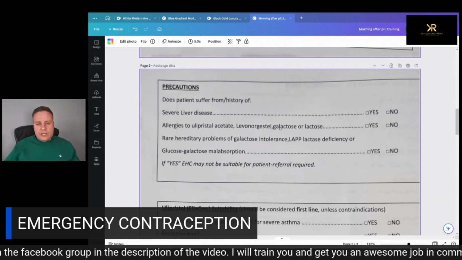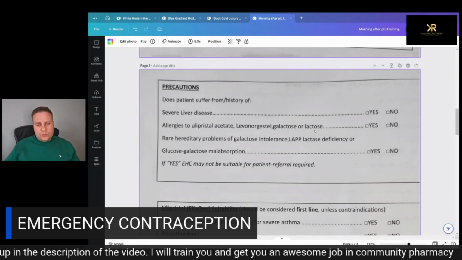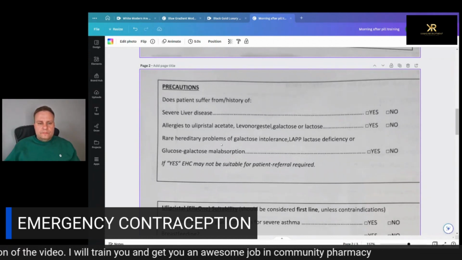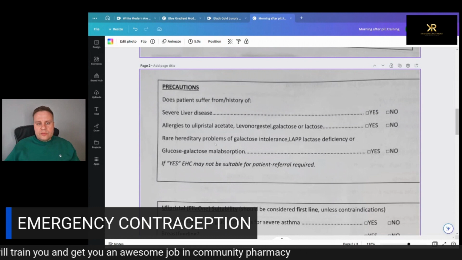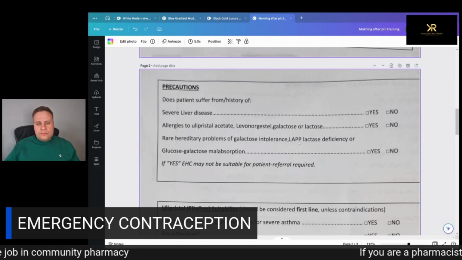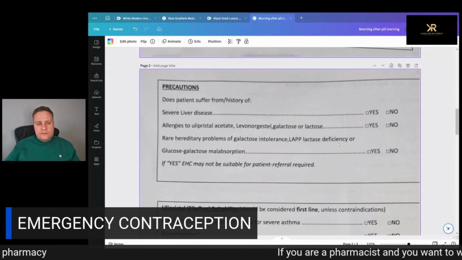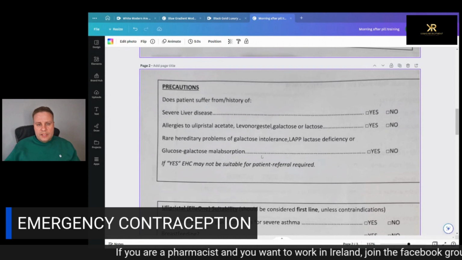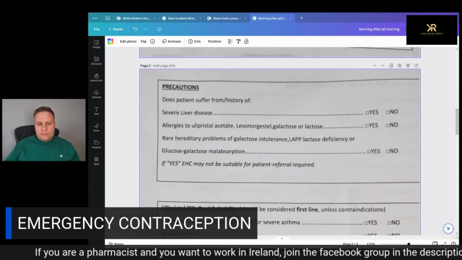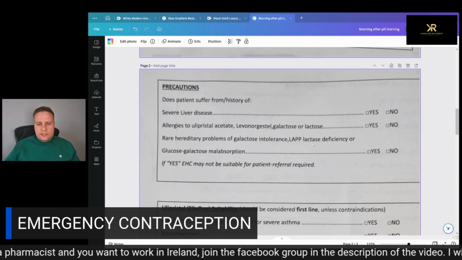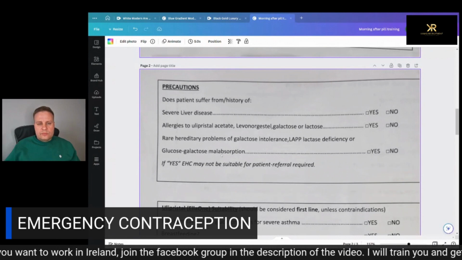And also check for allergies to galactose and lactose. Rare hereditary problems of galactose intolerance, lactase deficiency, or glucose-galactose malabsorption. So yeah, you have to ask if there's any lactase, glucose, galactose malabsorption.